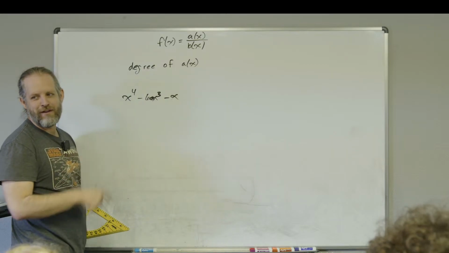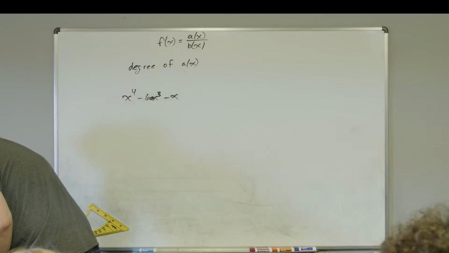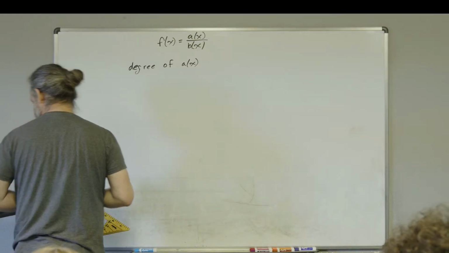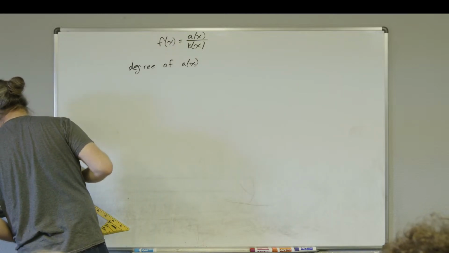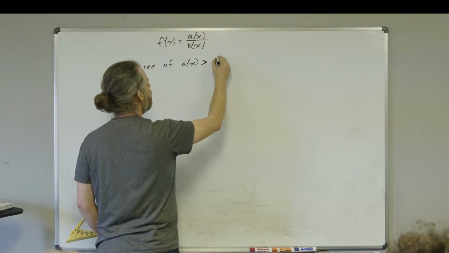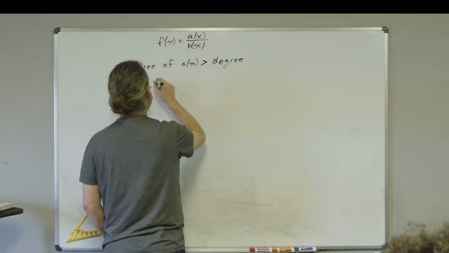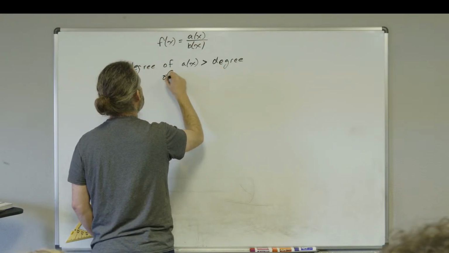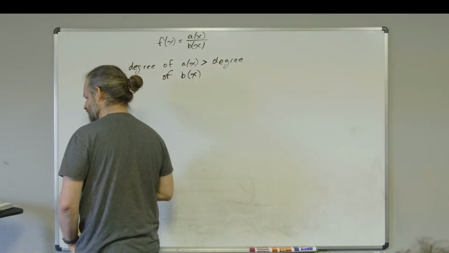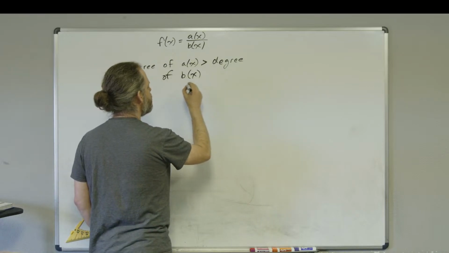What's the degree of that polynomial? 4. Great. Thank you. If the degree of A(x) is greater than the degree of B(x), then there is no horizontal asymptote.